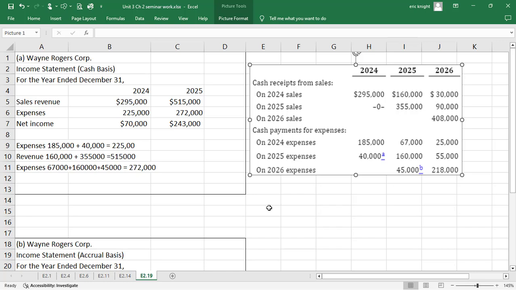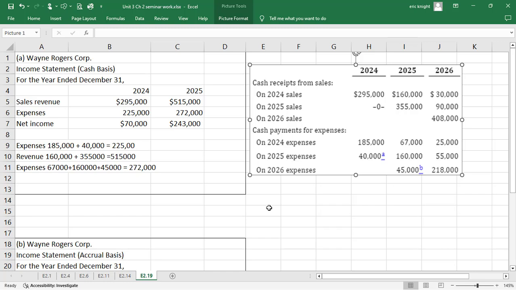But the cash basis doesn't care. Sometimes people call it a simpler way of doing it, but you give up the ability of understanding your true organization. What's going on? How much profit did you get? We don't know the profit, we just know the cash. So there's a lot more to talk about, but this is just a starting point.